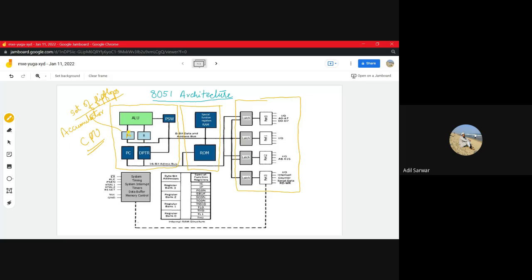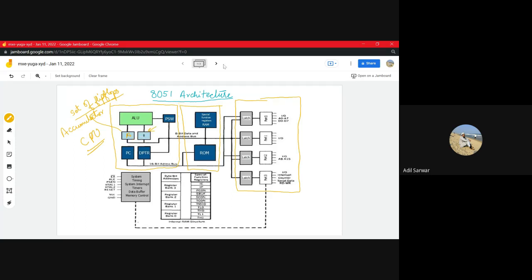The accumulator holds the first operand, and the result of the operation gets stored in accumulator A. Okay, and then we have another register, which is B. B is important in the sense that it is the only register which is used in multiplication and division operations. No other register is used along with A in multiplication and division.